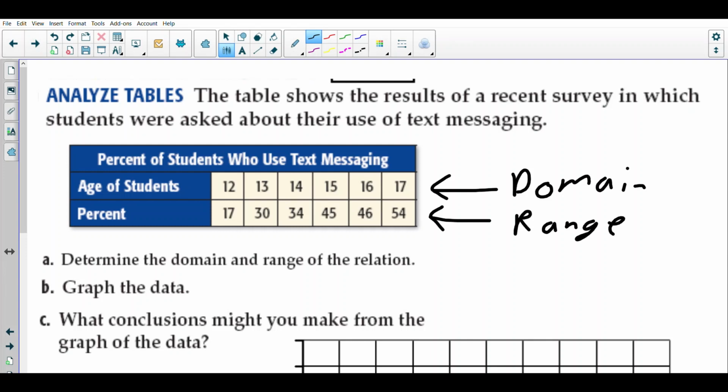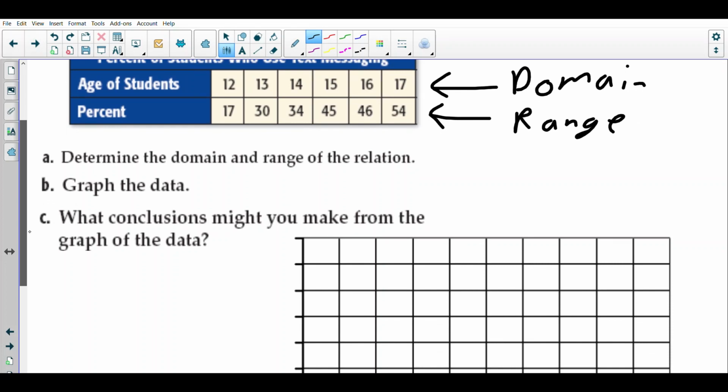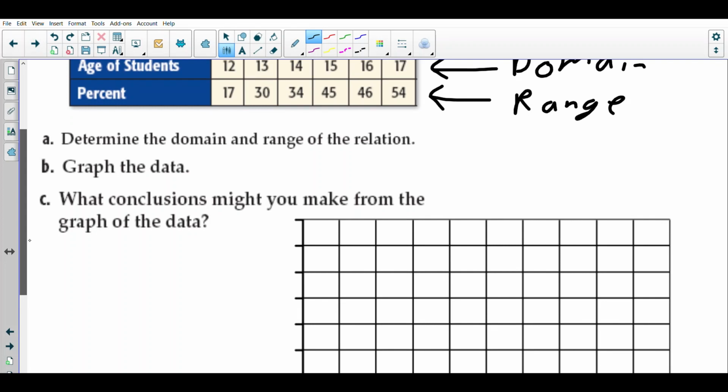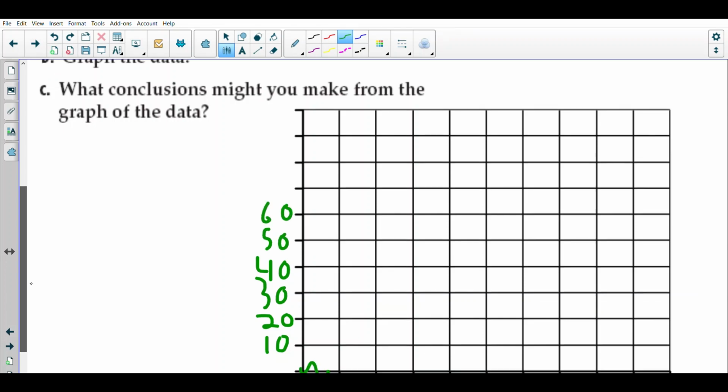Okay, so graph the data. So I kind of set this up for you. 12, 13, 14, 15, 16, 17, and 17, 30, 34, 45, 46, 54. So I've got it started. I'm going to keep going here. So we got to just start.